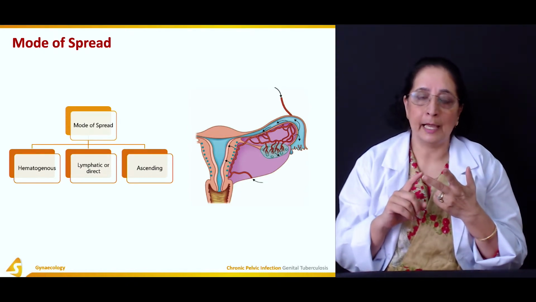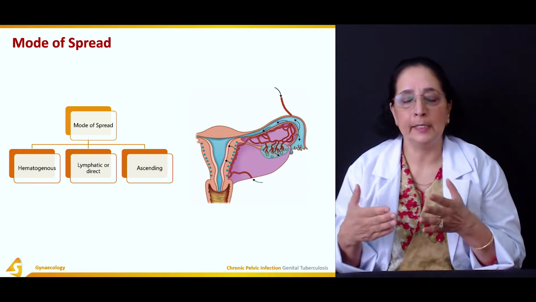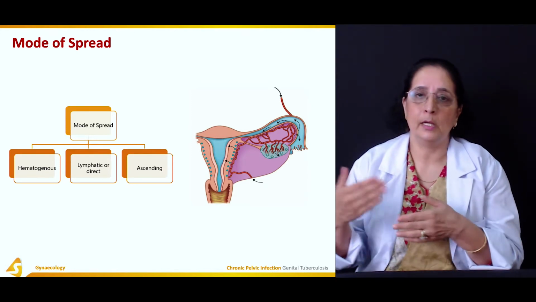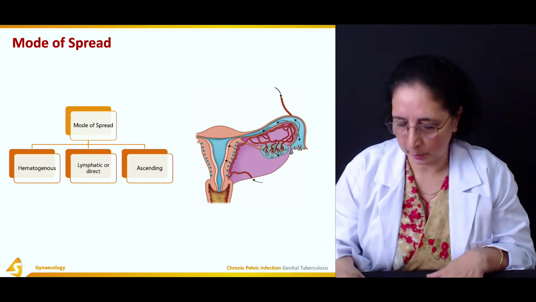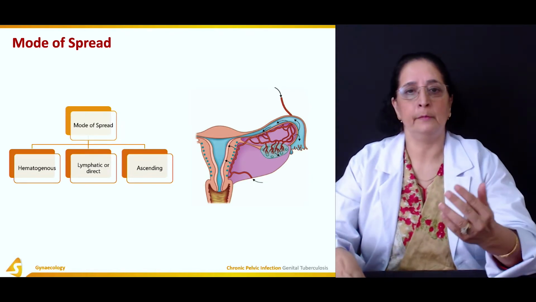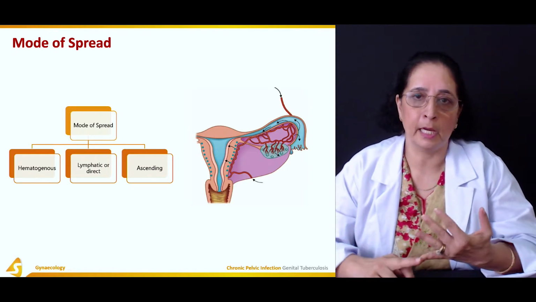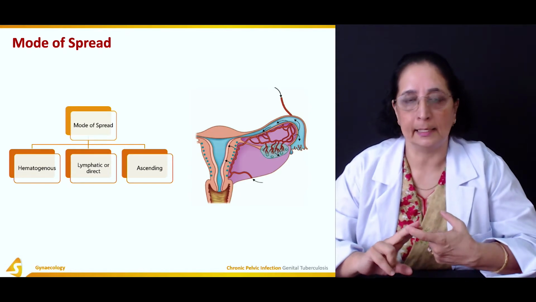Directly, through coughing, sneezing, and breathing, the patient can spread it to the environment, and when the next person inhales it, they can get the tubercle bacillus. So mainly there are four means of spread of tuberculosis: hematogenous, lymphatic, direct, and ascending.